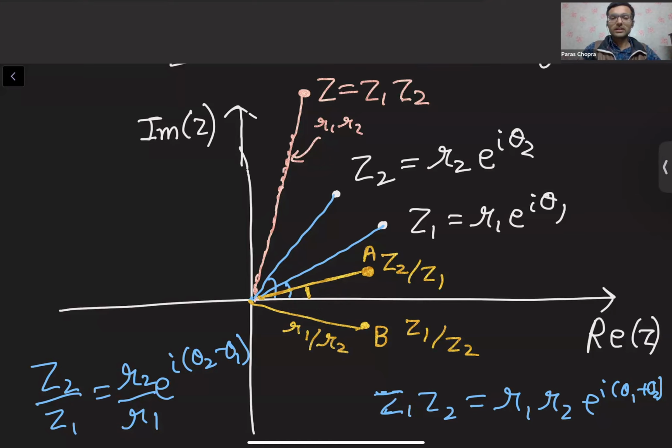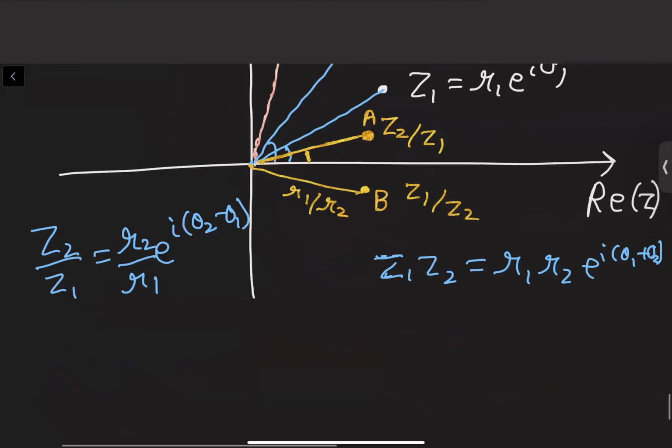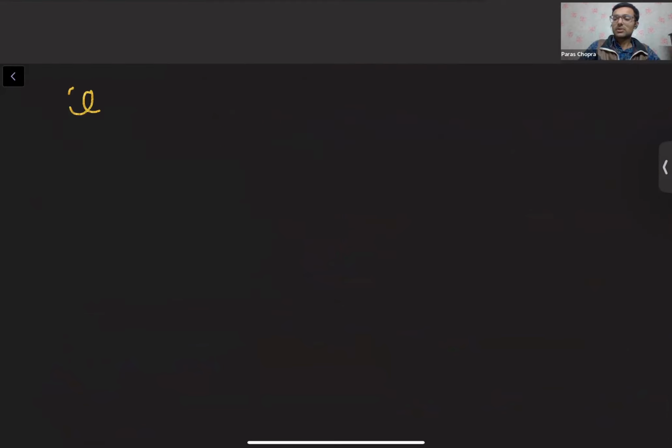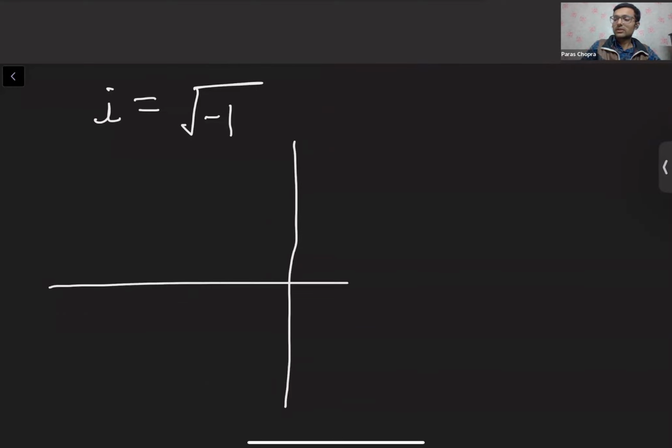Okay, so whatever numbers you are given, just multiply and divide, you will get the answer. Okay, now let us plot the complex number iota. So iota is the square root of -1. Where will it lie on the complex plane?